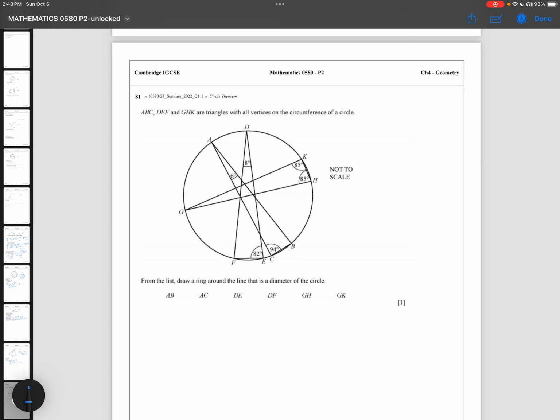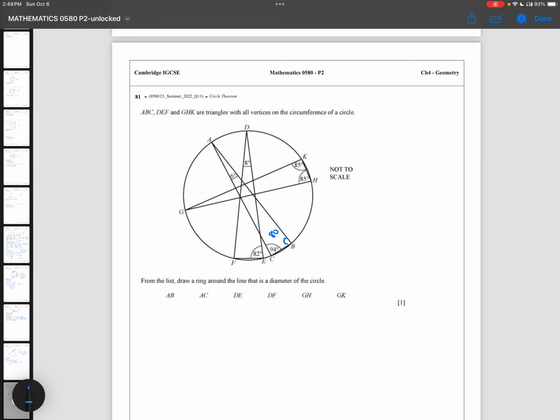First check it out for AB, and we can see that AB has an angle subtended of 94 degrees, so this cannot be the diameter. Next line is AC, and we see that in triangle ACB we have been given angle A 6, angle C 94, and so angle B will be equal to 80 degrees. So AC is subtending an angle of 80 degrees.